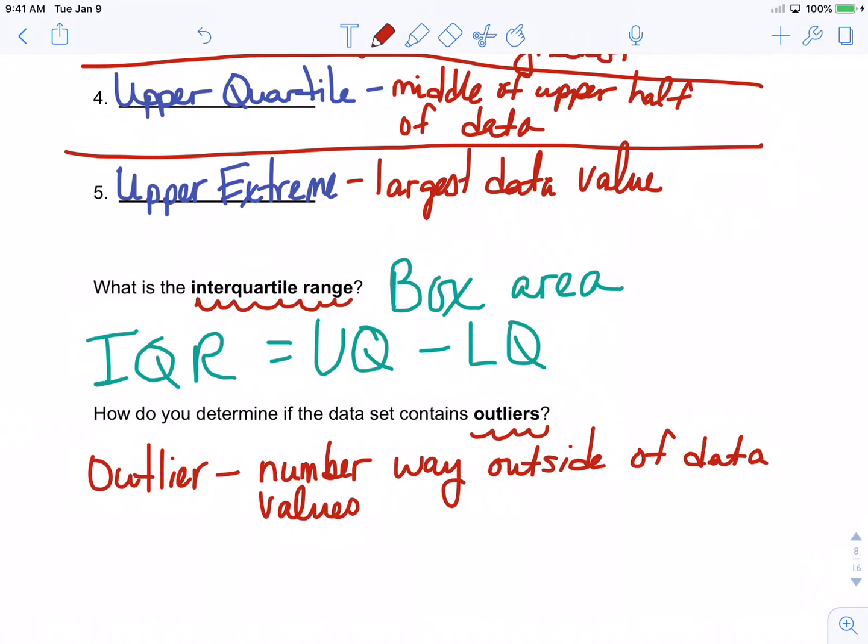So generally your data values are grouped together. They're not too spread apart, but you have this number that's really outside of the data.